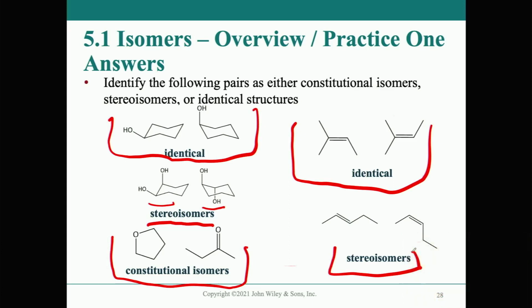These are stereoisomers here because on this one, this carbon there is pointed down, so you could have it go this way, or you could have it go this way. So these are two different spatial orientations. So those are definitely stereoisomers there.